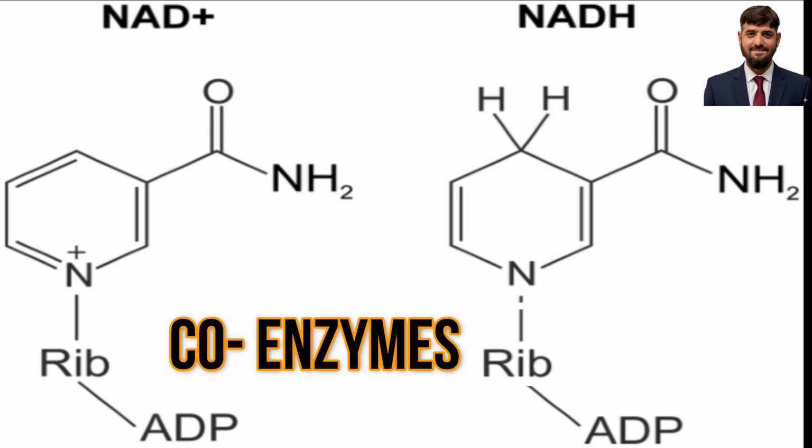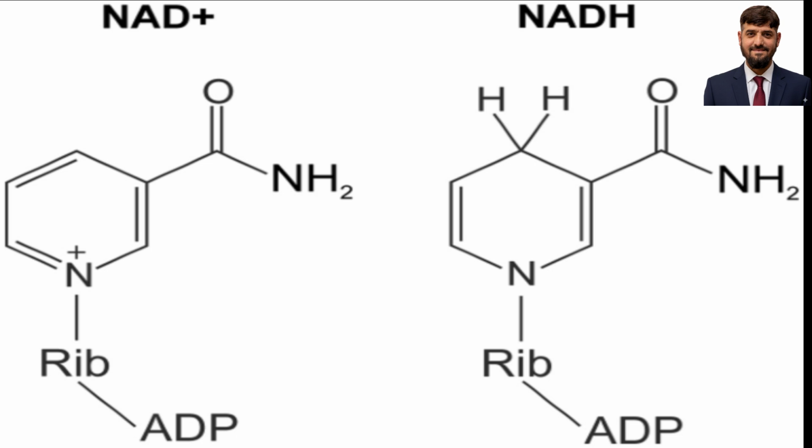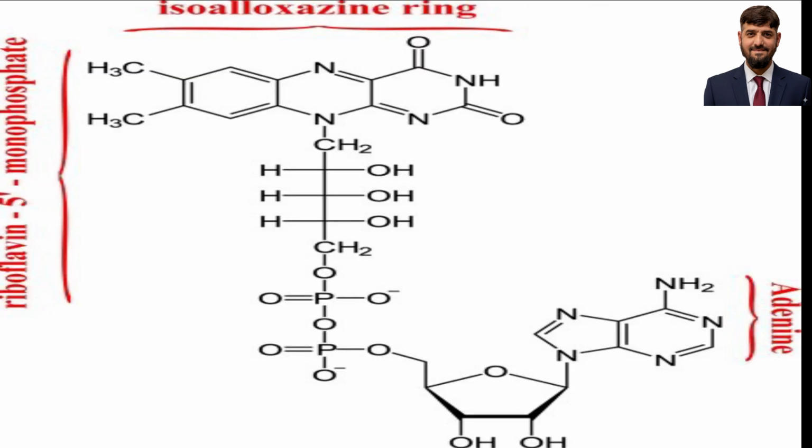Important coenzymes in carbohydrate metabolism are NAD, which stands for nicotinamide adenine dinucleotide. It accepts hydrogen and electrons, is reduced to NADH, and is important in oxidation reactions. Second is FAD, which stands for flavin adenine dinucleotide.